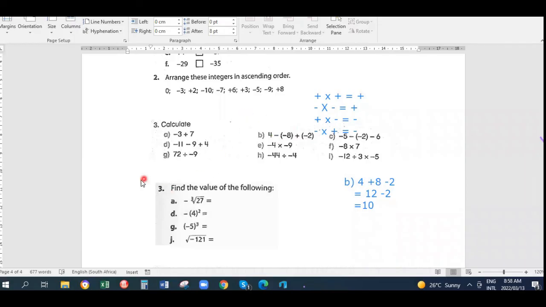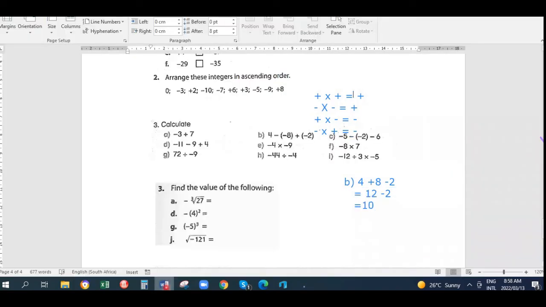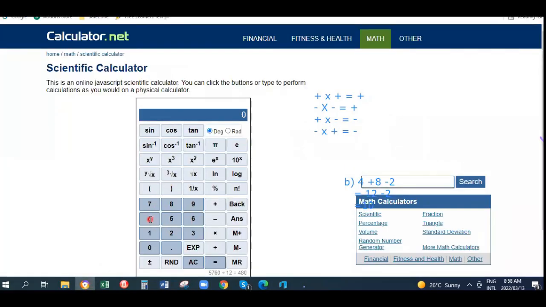But now multiplying this using your calculator, let's clear it very quickly. We had 4 minus 8 plus minus 2. So we've got 4 minus, in brackets, a minus 8. We close the bracket.